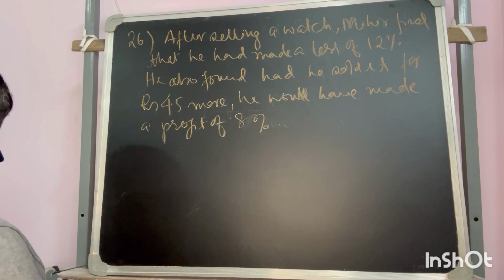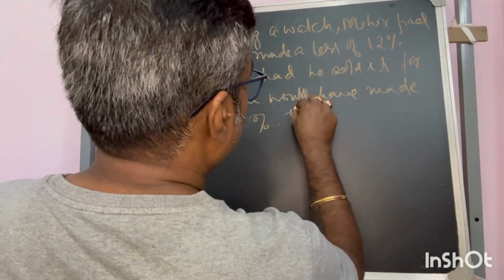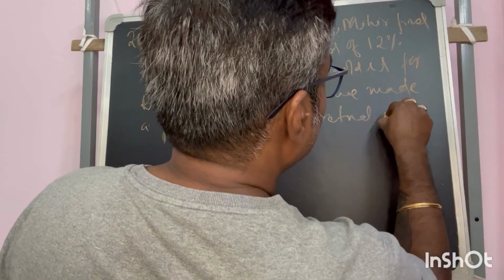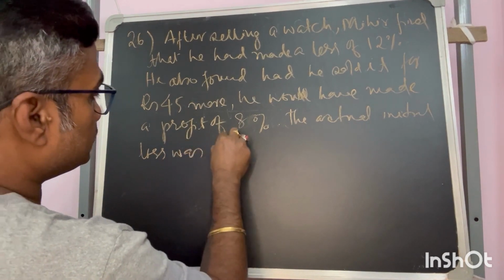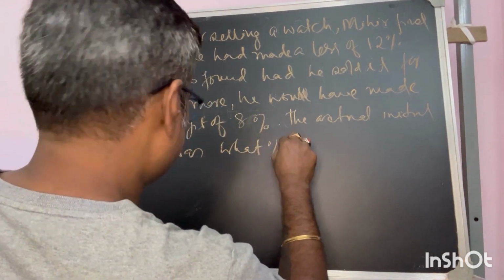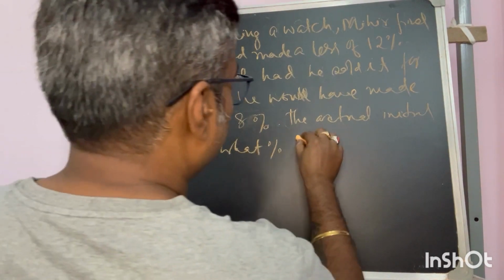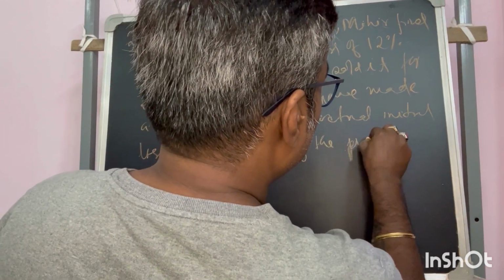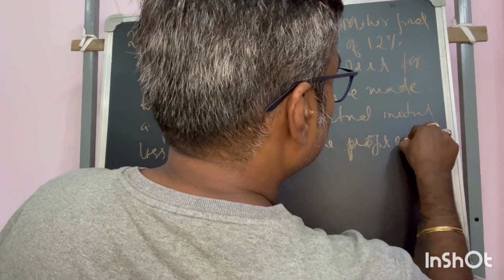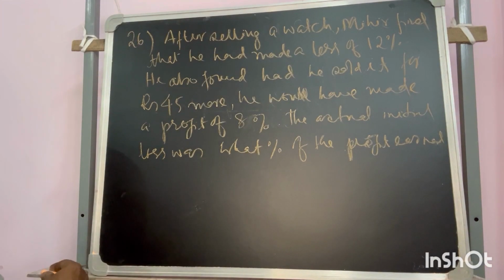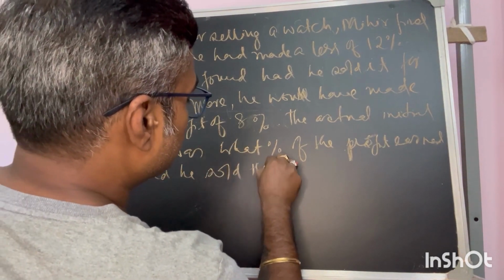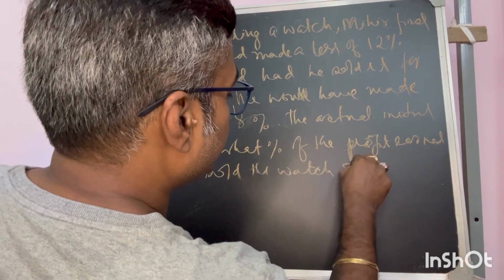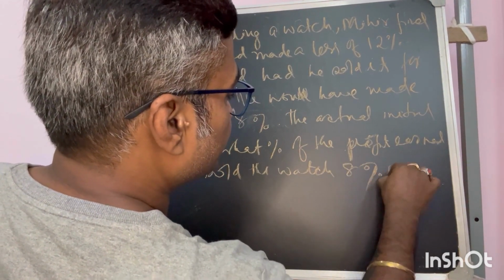The actual initial loss was what percent of the profit earned, had he sold the watch at 8% profit?